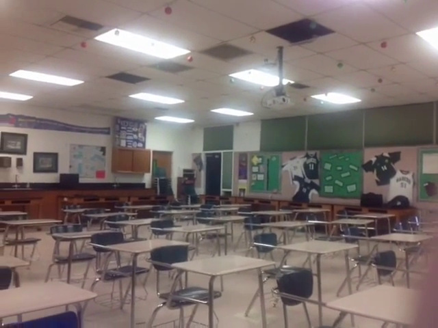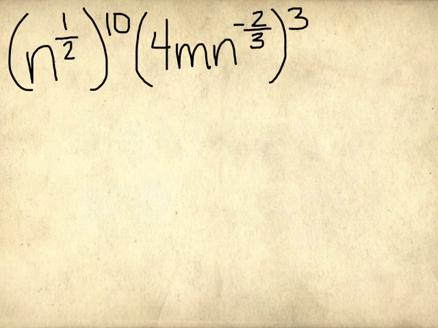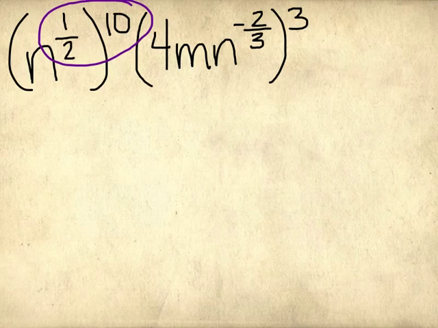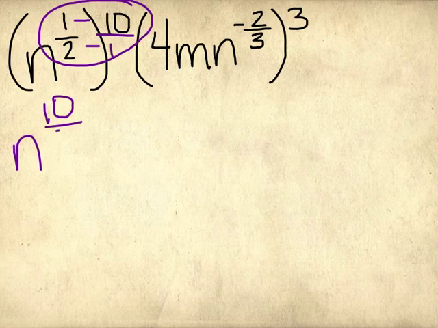Then let's move on. Sometimes we're going to have to work a little harder to break everything down. Here we start with exponents again, remember PEMDAS. We can call this 10 over 1 and we'll multiply straight across. We'll get n to the 10 over 2.